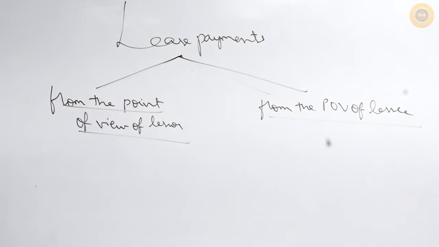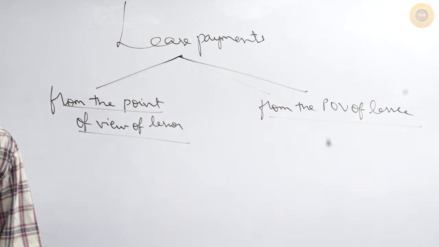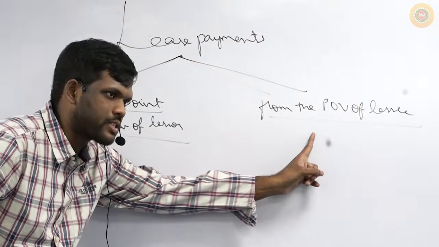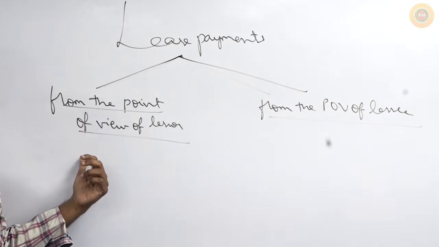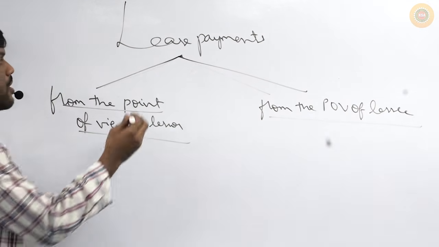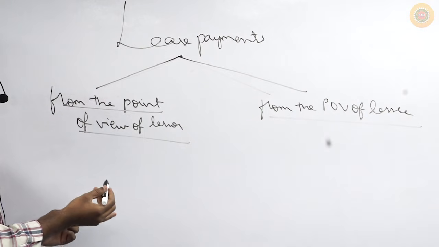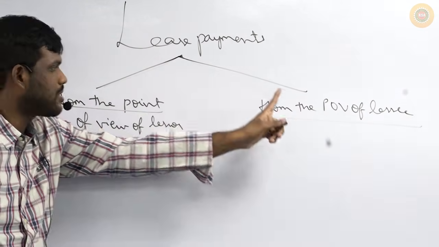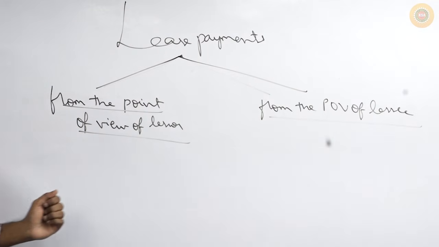What is lease payment? Think and tell me, in a lease, who will make payment to whom? Lessee will make payment to lessor. So for the lessee it is expense, for the lessor it is income; for the lessee it is outflow, for the lessor it is inflow. Even though they call it lease payment for both, for the lessee it is outflow and for the lessor it is inflow.